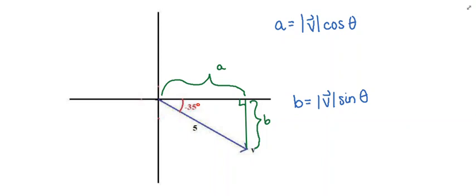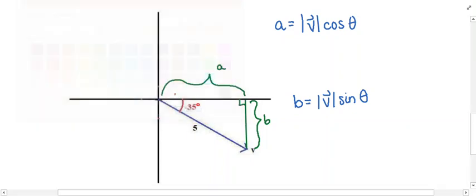So I'm going to draw the direction angle on here. To draw the direction angle, you need to start at the positive x-axis and rotate counterclockwise until you get to the vector. So this orange angle is going to be theta. How do we get it?